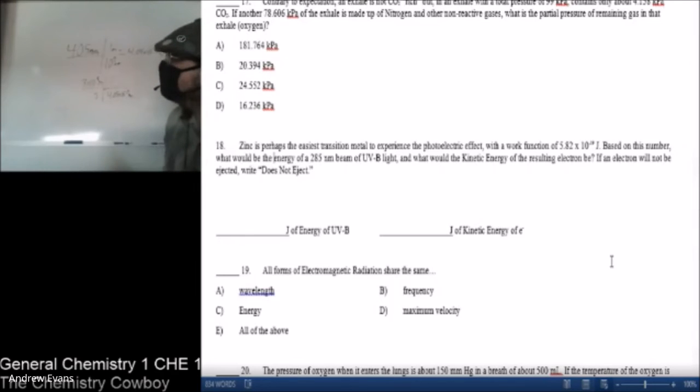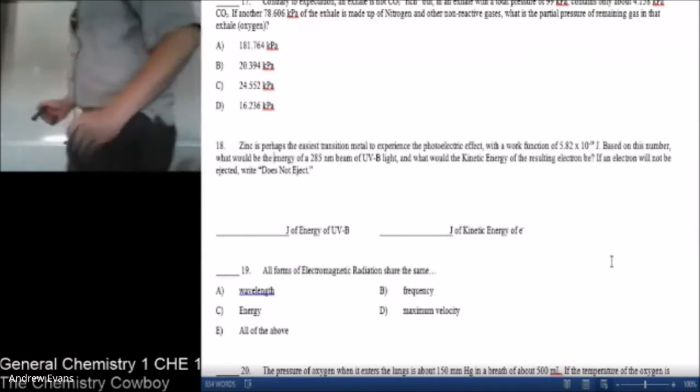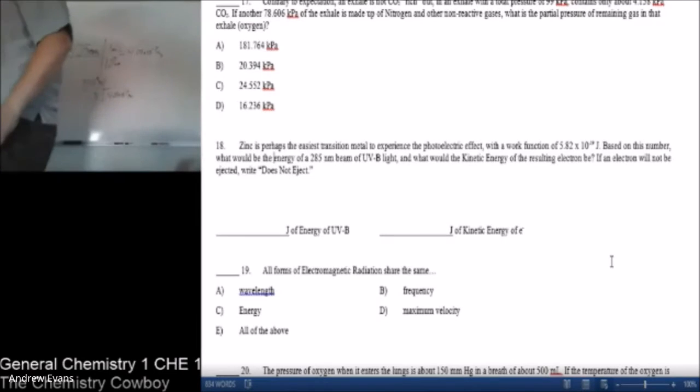So zinc, which has a photoelectric effect, has a work function of 5.82 times 10 to the negative 19th. Based on this number, what's the energy of the 285 nanometer beam of UVB?